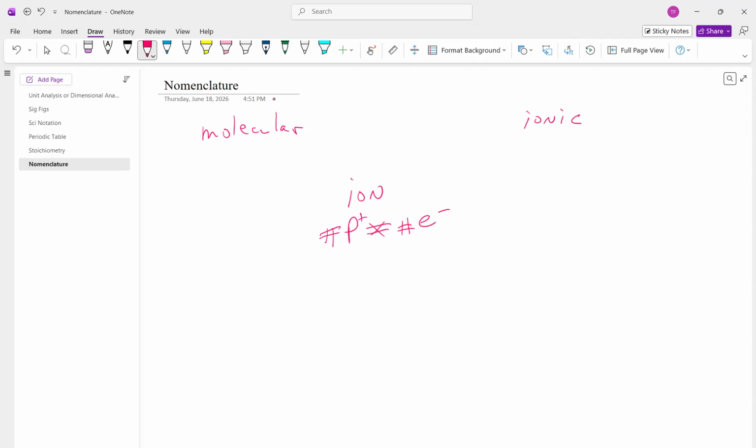So you've got a net positive or a net negative charge on your molecule. So if the number of protons is greater than the number of electrons, what's the net charge? Positive. And that is called a cation.